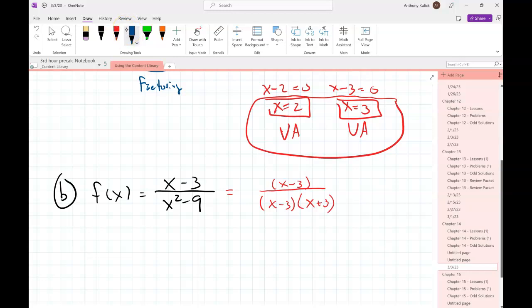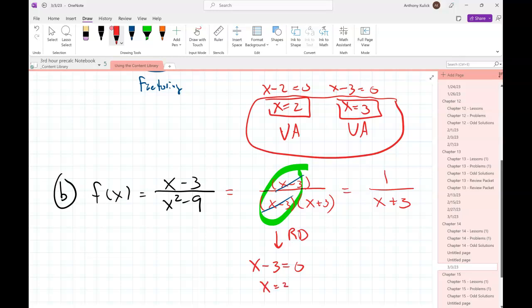Yes. What can reduce? The x minus 3's. So what's left in the numerator? 1. What's left in the denominator? X plus 3. So the x minus 3's are now gone, right? That's going to give me a removable discontinuity.